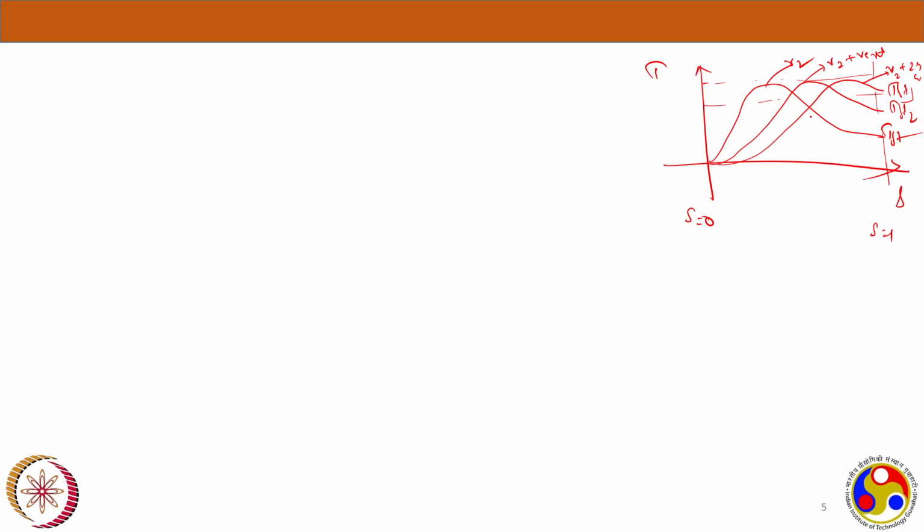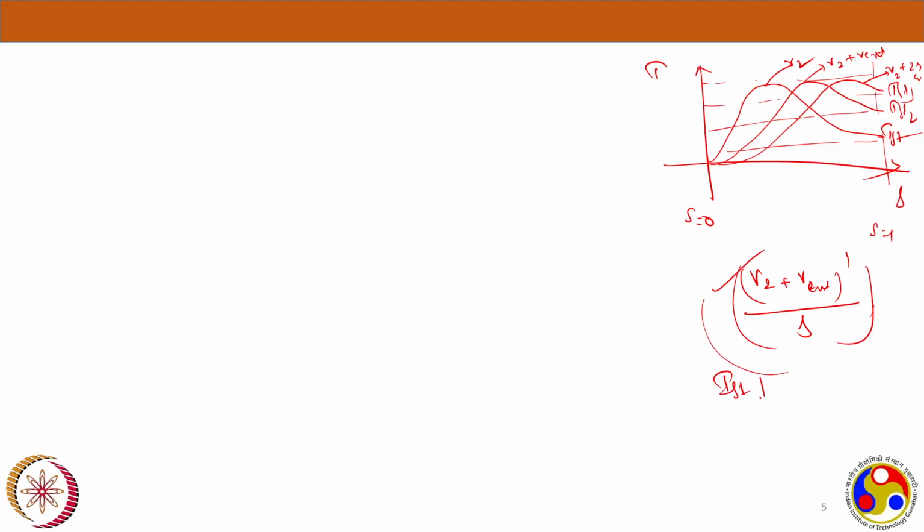So at the starting, you can just increase the resistance, because R2 by s, the total resistance R2 plus R external dash by s, is the total impedance. For a slip ring induction motor, where the rotor terminals are available, just by introducing external resistances you are increasing the total impedance. That means the starting current will go down and the starting torque also improves.